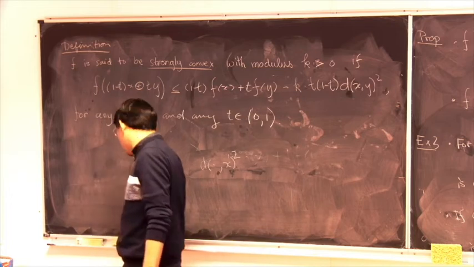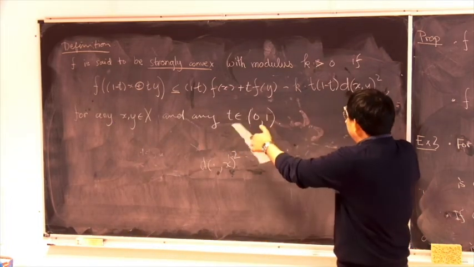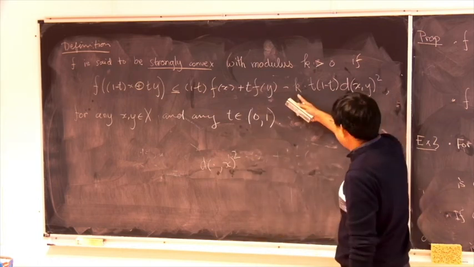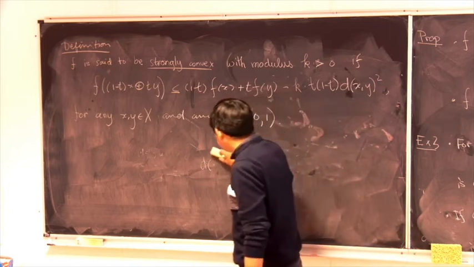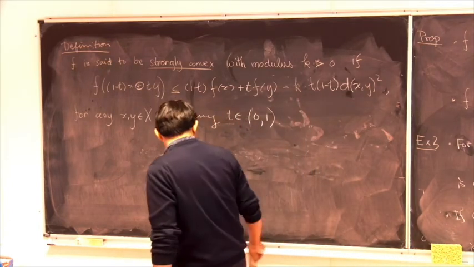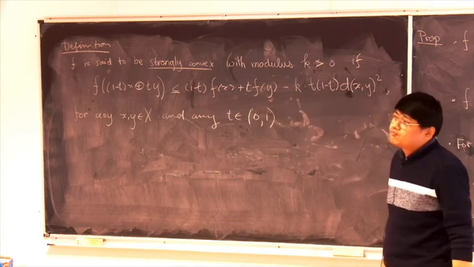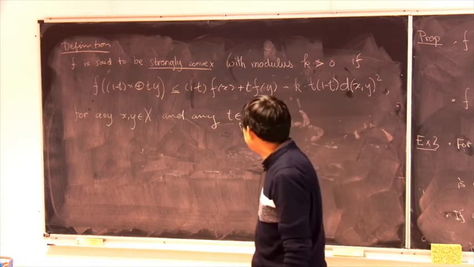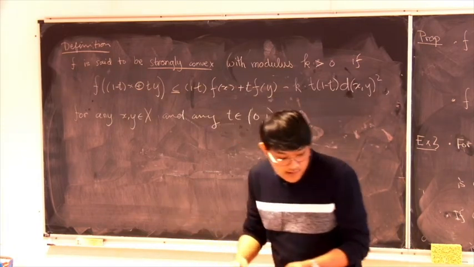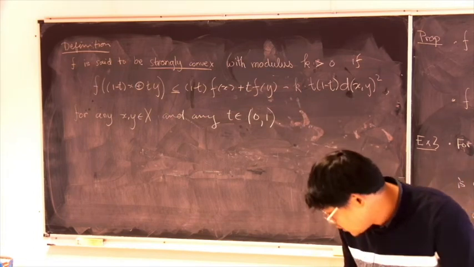If kappa is positive, then you have the strong convexity of the distance squared function with k here equal to c kappa. That was the result of Shin-ichi Ohta in, I don't remember correctly, I think it's 2007. Let me check. I think I have the reference. Yeah, Ohta 2007.